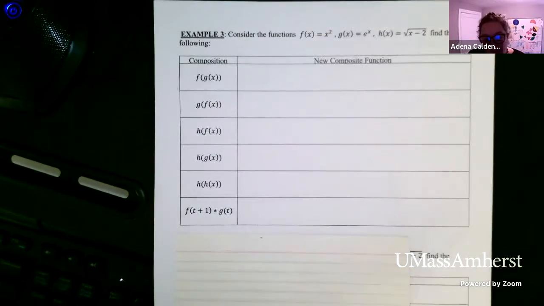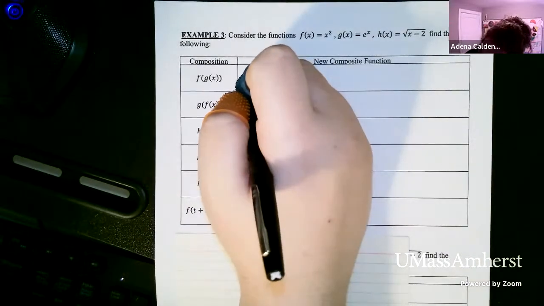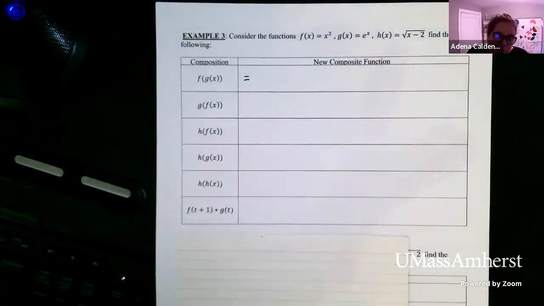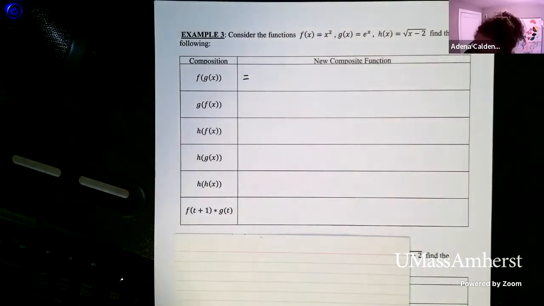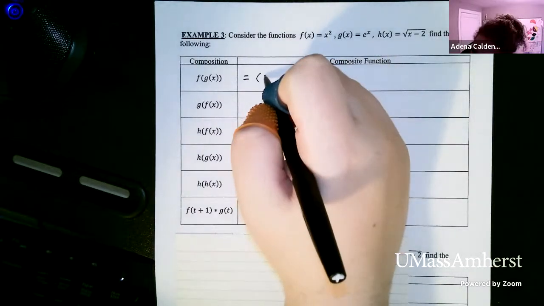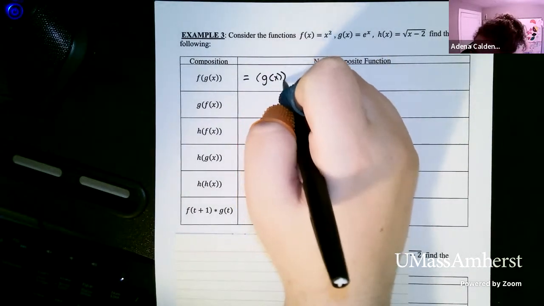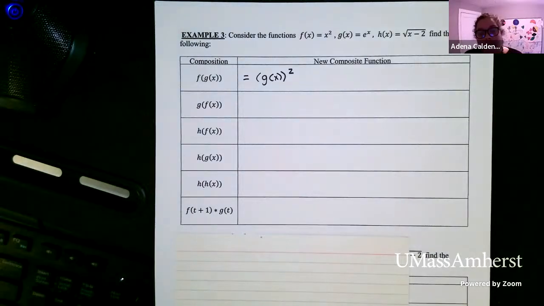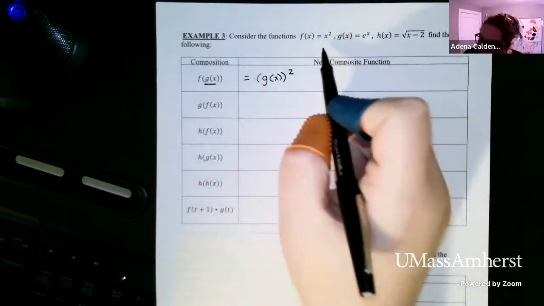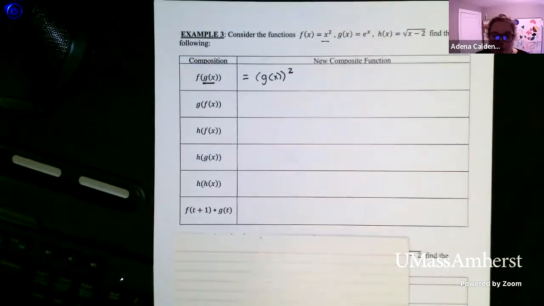So when I do f of g of x, what I would do is I would rewrite my f function with a literal g in it first, because this is how I was taught to do it. So instead of an x, I'm going to write g of x squared. So I'm doing a literal substitution of g of x into the x variable.